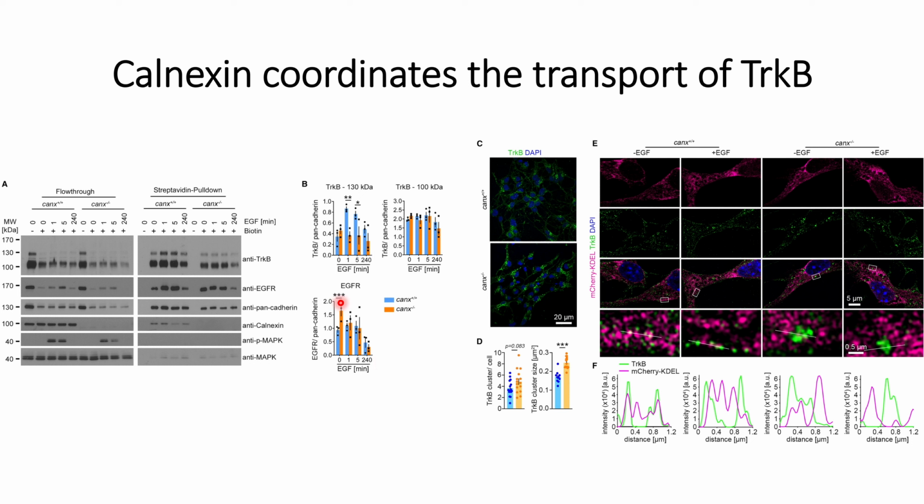So this could be due to the endocytosis of the EGFR that I have just discussed. But for the 0 minute, the high amount of EGFR receptors indicates that the cells have more EGFR, and that leads to the activation of these cells when they are treated with EGF, and that could cause the transport of TrkB to the cell surface.